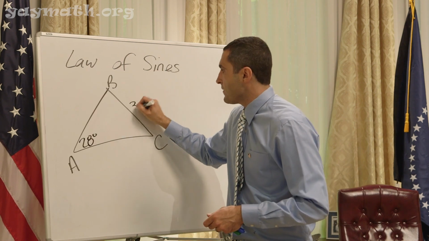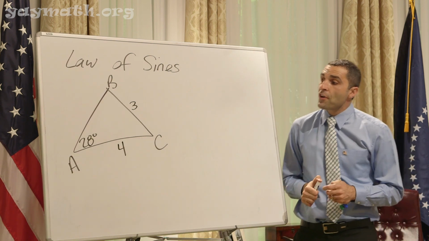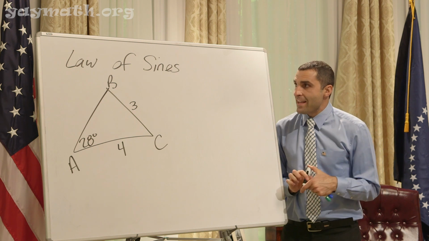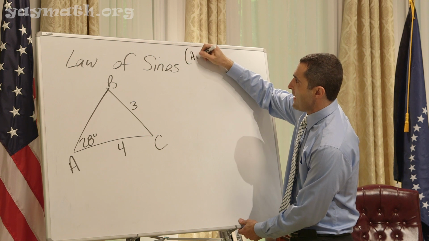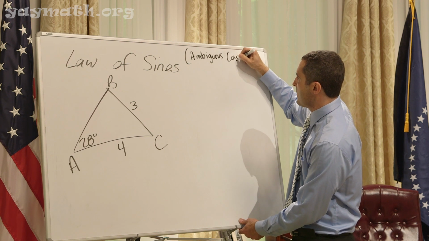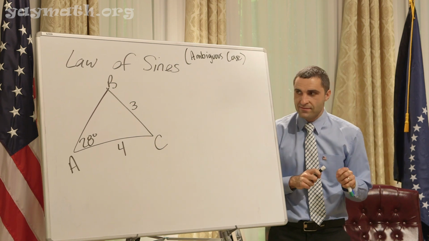We have a 3 and a 4. Now it turns out that Law of Sines has what's called the ambiguous case. Meaning, sometimes the triangles are quirky.